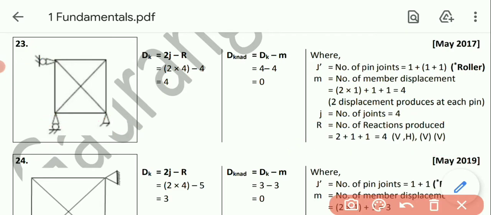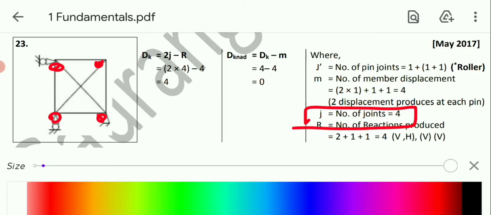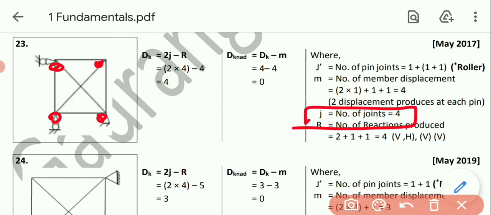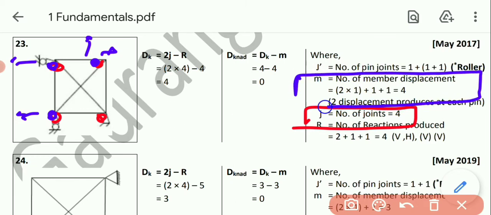Joints 1, 2, 3, 4, that is the number of joints. Then the number of pin joints, we can say only 1, and these 2 are of the roller support. So over here vertical and horizontal, over here horizontal, over here horizontal, so ultimately 4 will be there. M, the number of member displacements, is 2, 1, 1, that is 4.